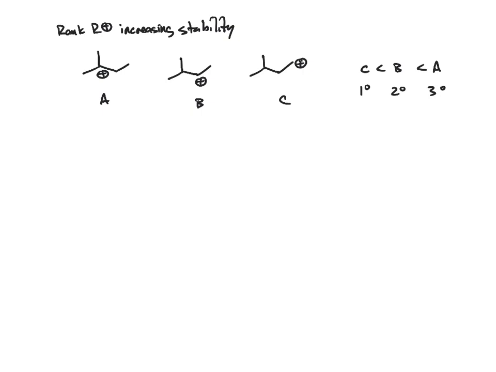So carbocation A is tertiary, so it cannot rearrange. So B and C can, so why don't we draw those so we understand what's meant by a rearrangement. It can be sort of confusing with carbocations maybe, if you're not used to thinking about that implicit hydrogen.